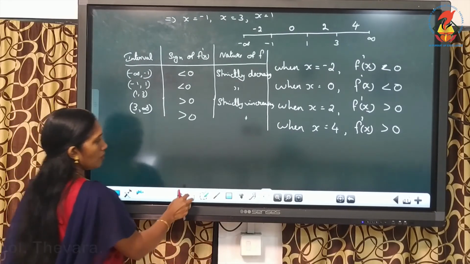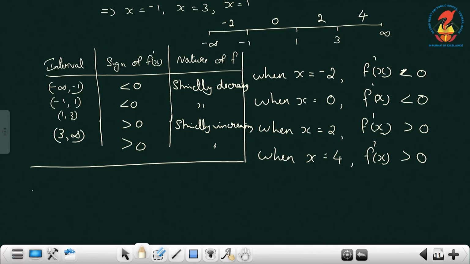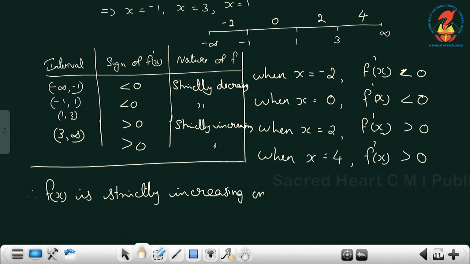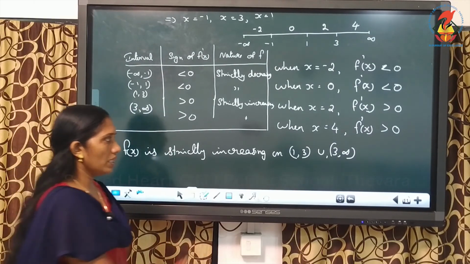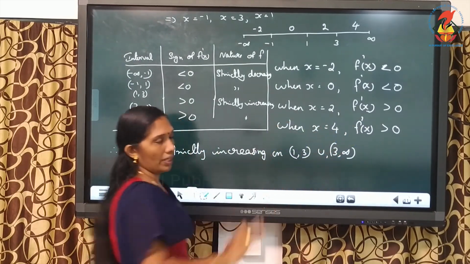So what is the conclusion? Therefore, f of x is strictly increasing on 1 to 3 union 3 to infinity. 3 is not included, only up to 3, then here after 3.